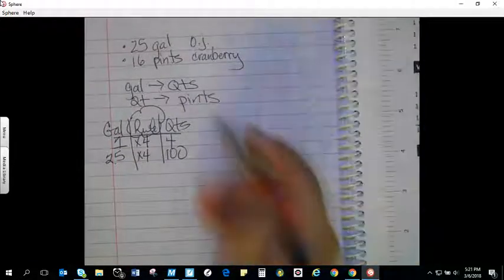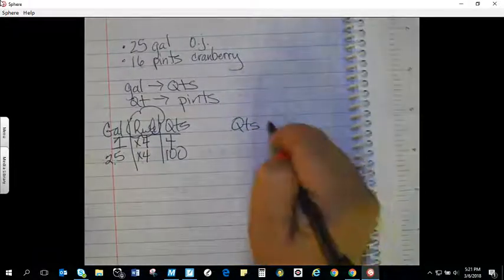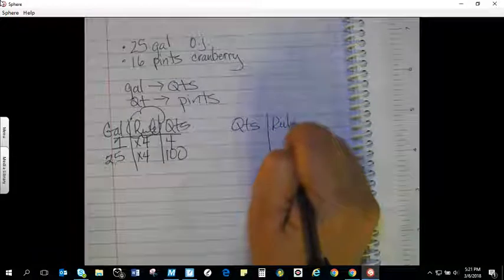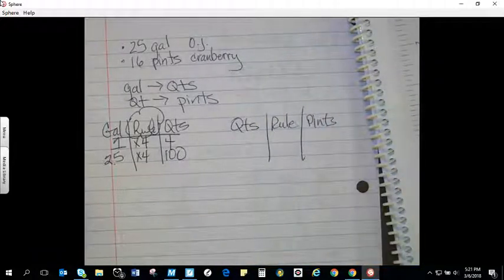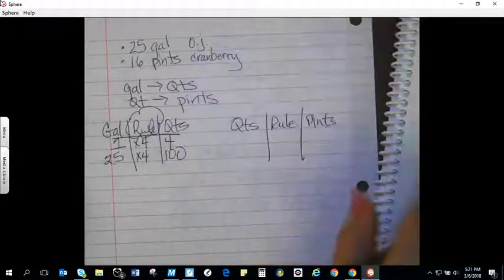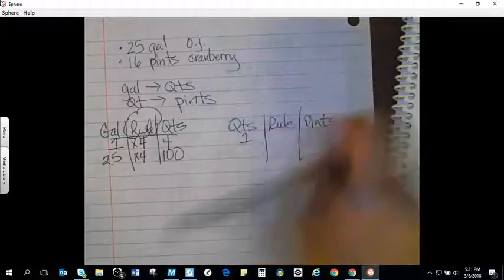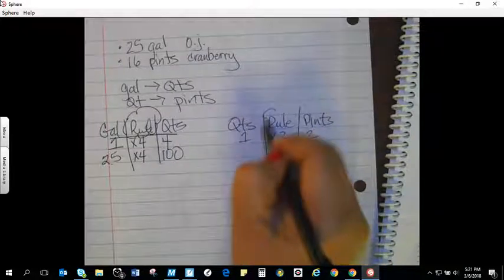And now the next one, I go quarts to pints. Looking at my chart, for every 1 quart, it's equal to 2 pints. 1 times 2 is my rule.